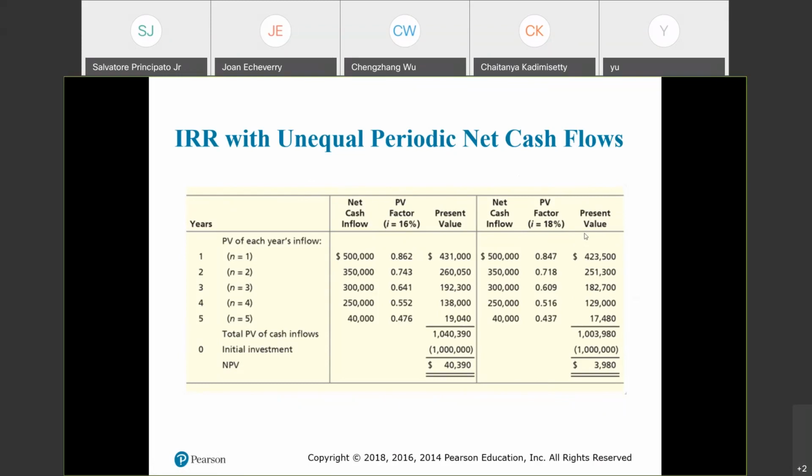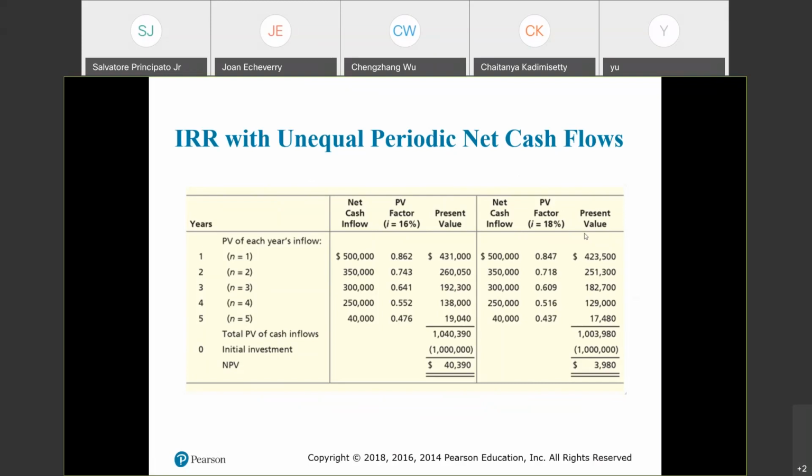If we increase the interest rate to 18%, the NPV is 3,980, which is slightly close to 0. So the IRR of this project must be slightly higher than 18%.